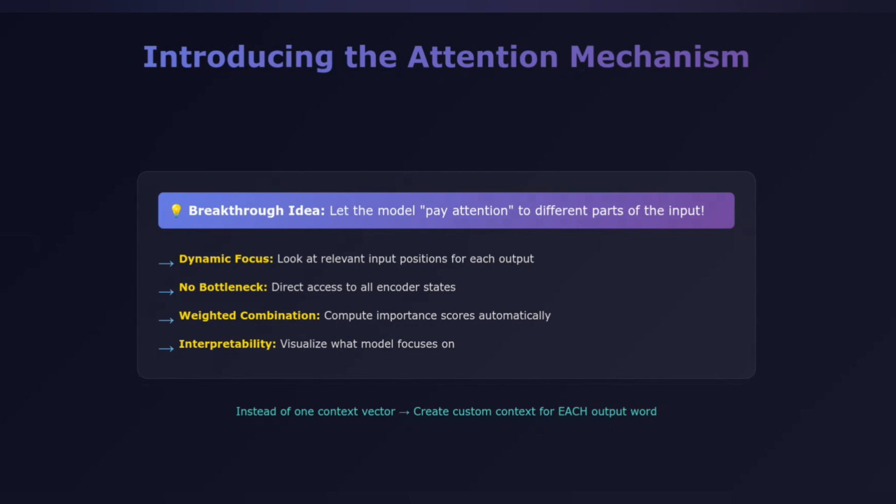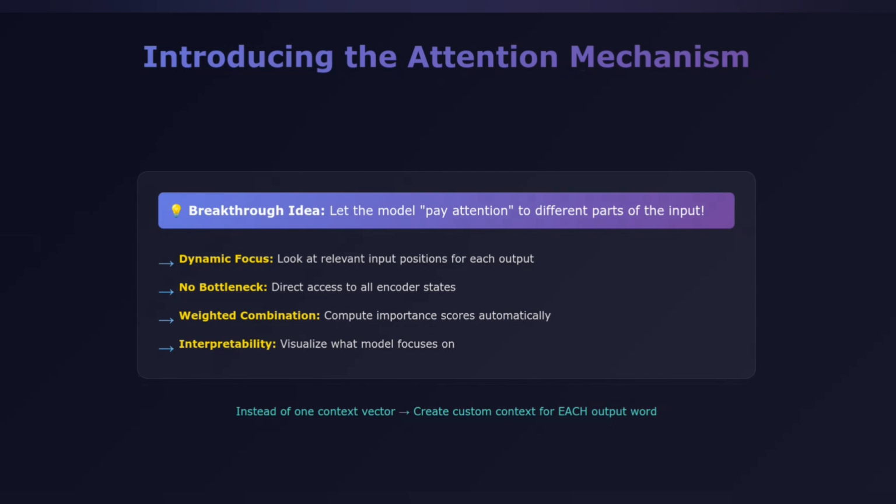Here are the key ideas. 1. Dynamic focus. The decoder can look at different input positions for each output word it generates. 2. No bottleneck. Instead of one fixed context vector, the decoder has direct access to all encoder hidden states. 3. Weighted combination. The model automatically learns importance scores, attention weights for each input position. 4.